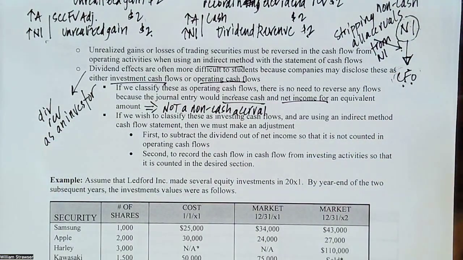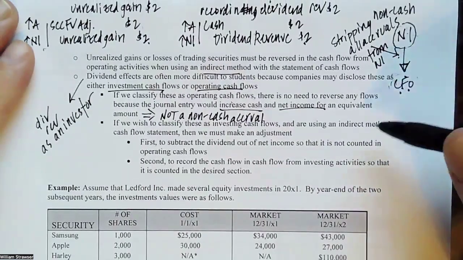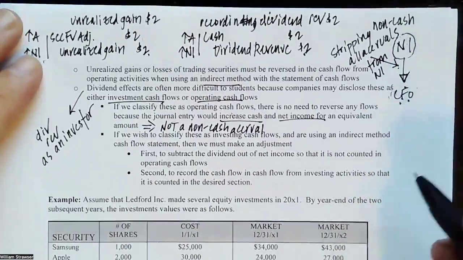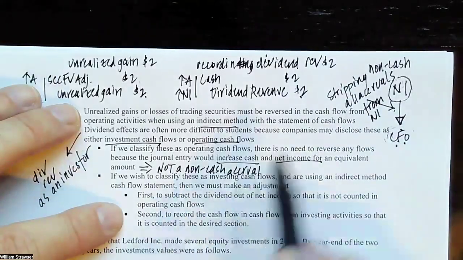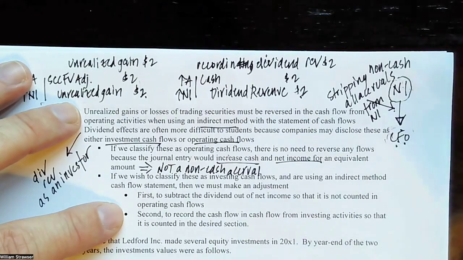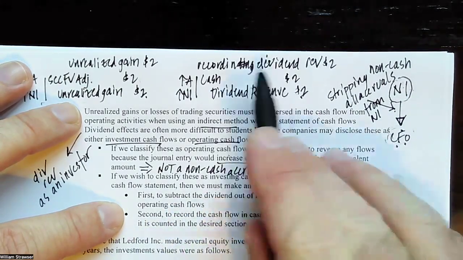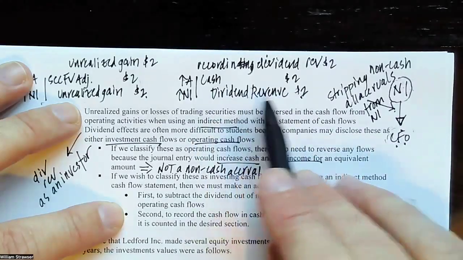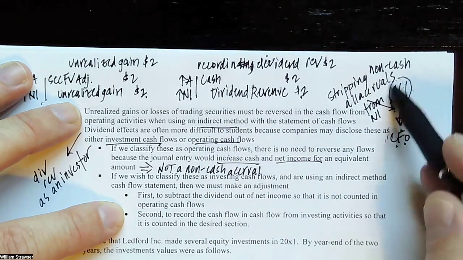If we want to classify them as investing activities, then it becomes a little more problematic. Well, first what we need to do with this dividend revenue is to recognize that if we want this cash flow to be investing activities, not operating, we have to get rid of this dividend revenue because it is inside net income.